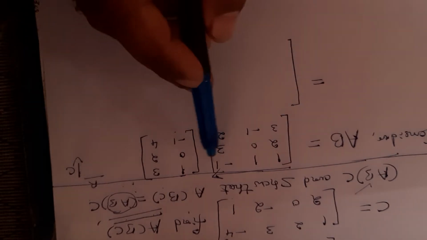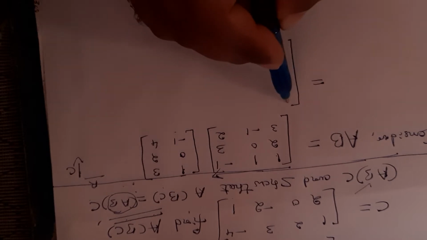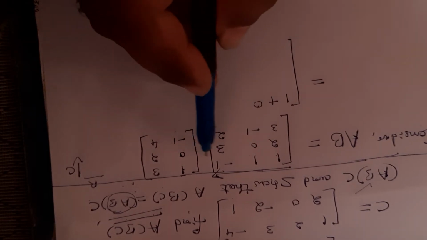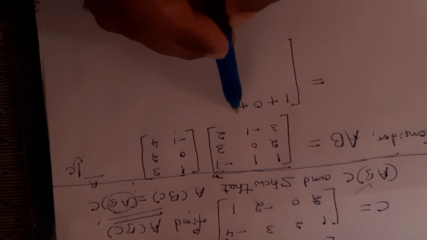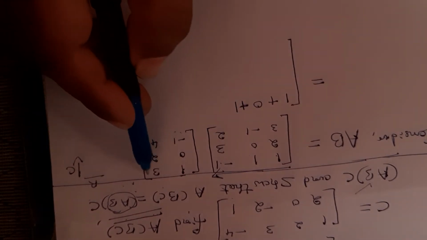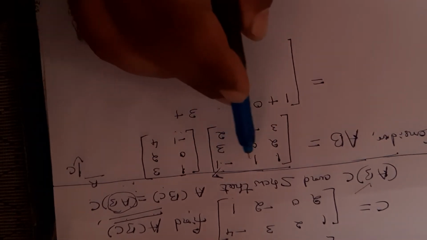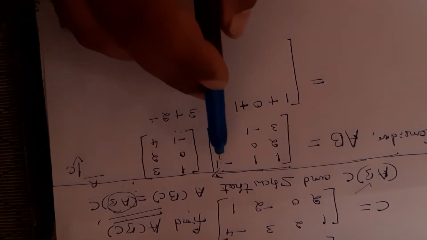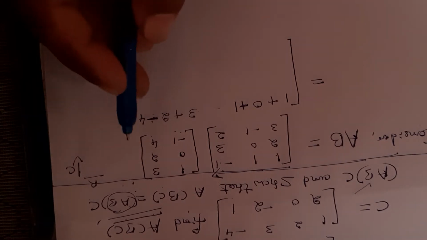I will multiply the elements and write it directly. 1 into 1 is 1, plus 1 into 0, 0, plus minus 1 into minus 1, that will be plus 1 only. Now consider the second column. 1 into 3, 3, plus 1 into 2, 2, minus 1 into 4, that will be minus 4.